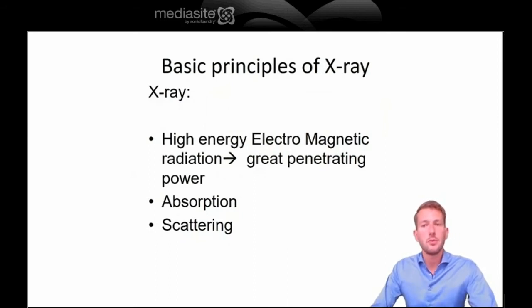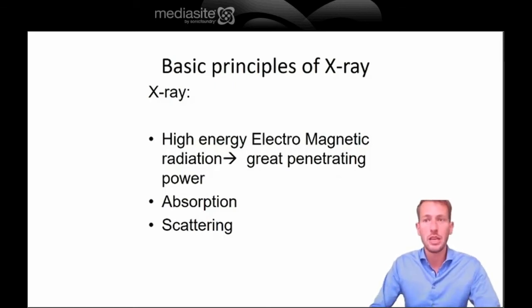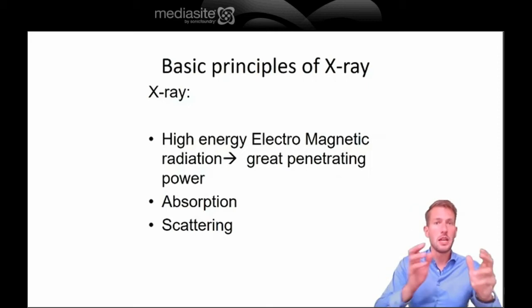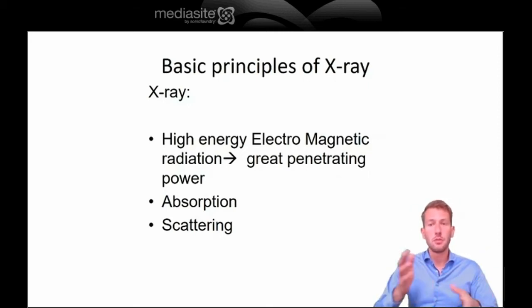When we look at X-rays, we are talking about a form of electromagnetic radiation with high penetrating properties. For the people who had physics in high school, you might remember the electromagnetic spectrum, which contains microwaves, visible light, ultraviolet light, but also the really powerful waves like X-rays and megavolt rays.